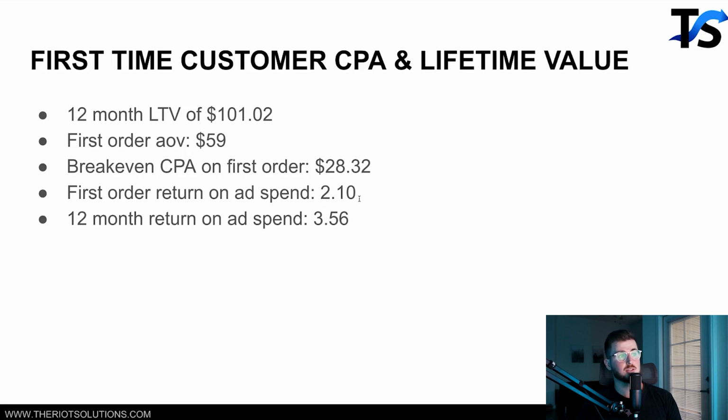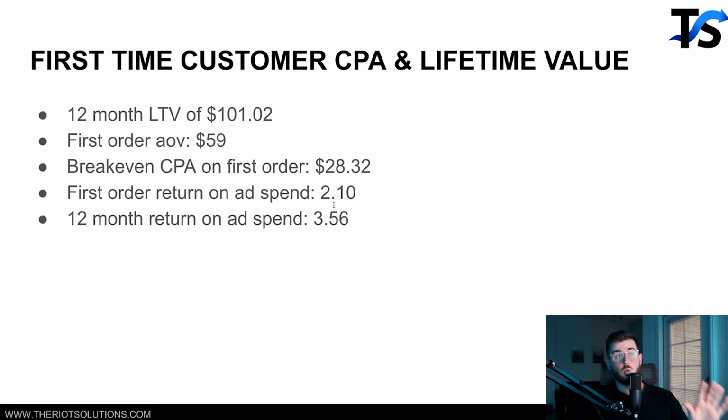Break-even ROAS is 2.10. Our 12-month return on ad spend, though, is 3.56. Why? Because we spend $28 for a first order of $59, which would be a 2.10 ROAS, but that customer is worth $101 to us in gross revenue over 12 months. $101 divided by $28 is 3.56.